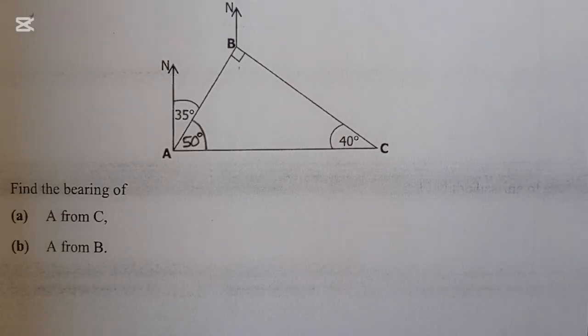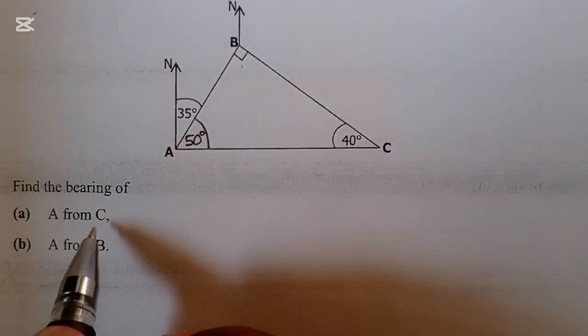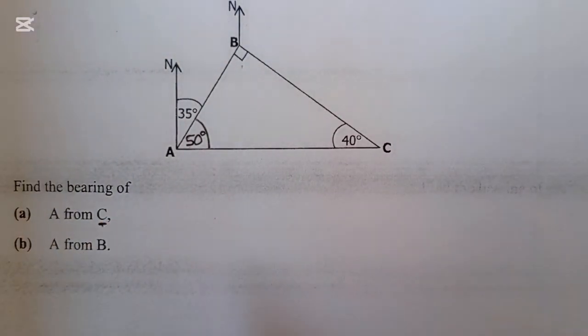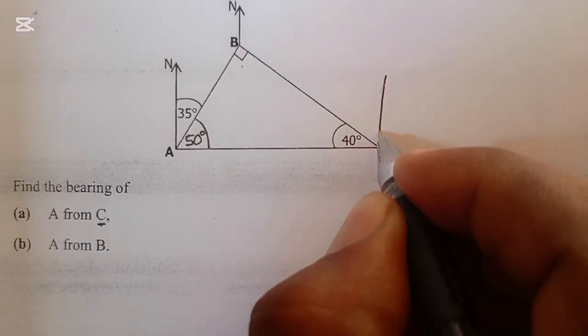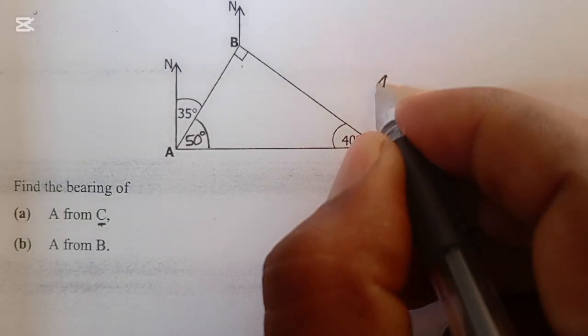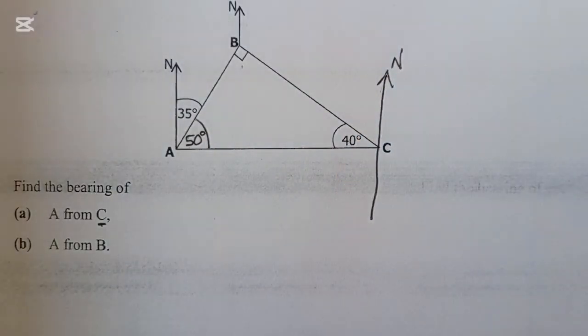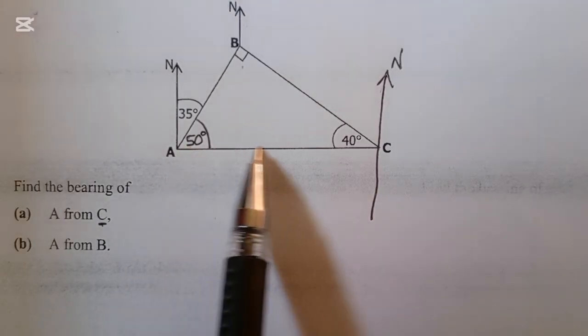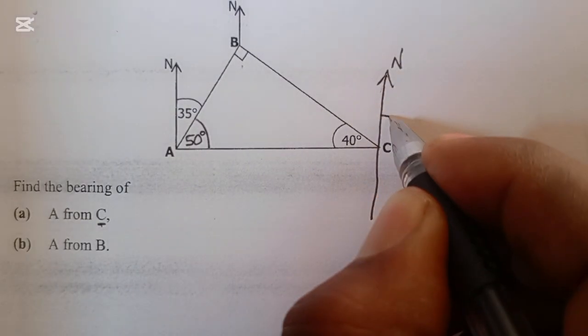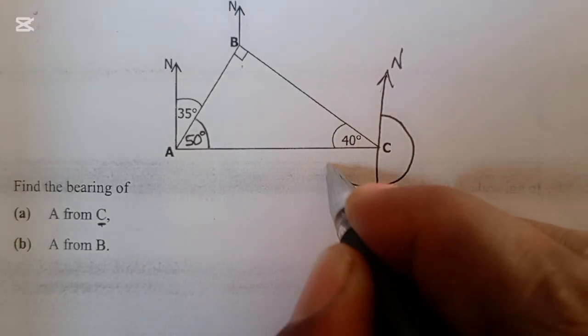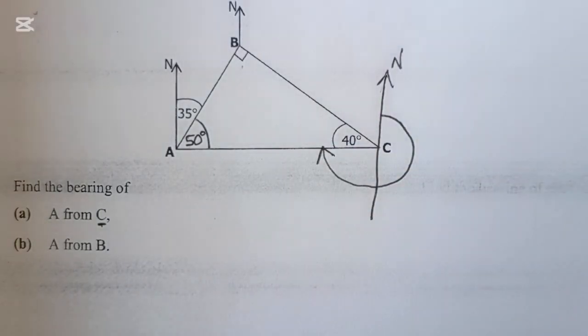Find the bearing of A from C. We go on the last letter, which is C, and draw a true north on C. Then I'll move from C to A. This is the angle that we are looking for.